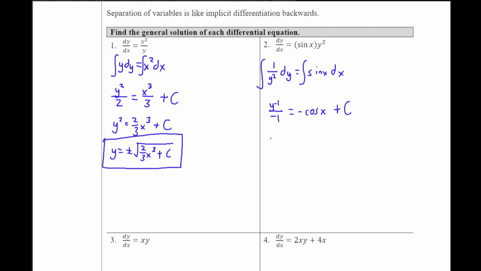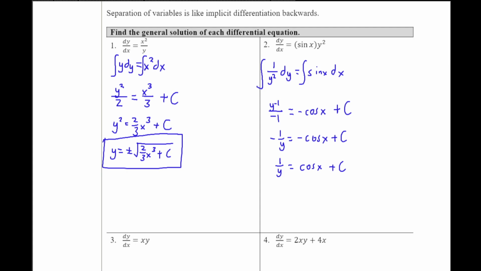So this is the same as -1 over y equals negative cosine x plus c. Let's multiply both sides by -1. So 1 over y is equal to cosine x. You can do plus or minus c, but just stick with a plus c because it's still a constant. It doesn't matter.